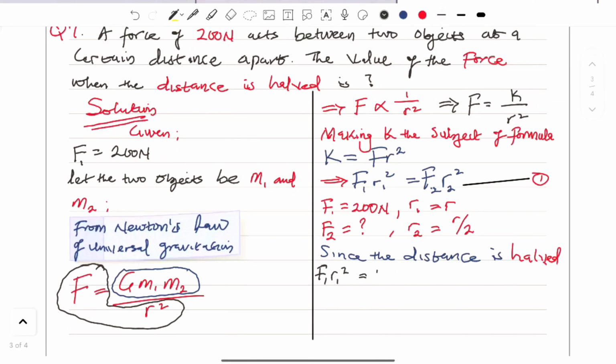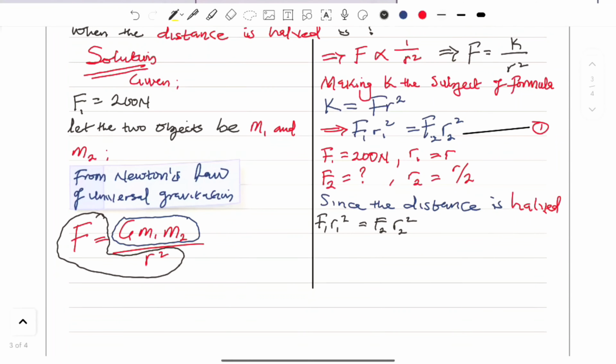Then F1 R1 squared will now equal F2 R2 squared. Substituting, 200 R squared will now equal F2 into R over 2 squared. Then, solving further, we know that 200 R squared will equal F2 R squared over 4.